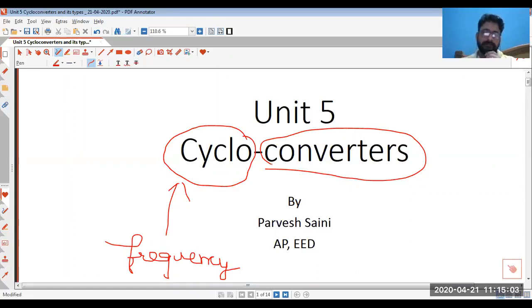Till now, we have studied power electronic circuitries wherein either AC is converted into DC, for example, phase controlled rectifier, or fixed DC is converted into variable DC, for example, chopper, or fixed AC is converted into variable AC, that is AC voltage controller.